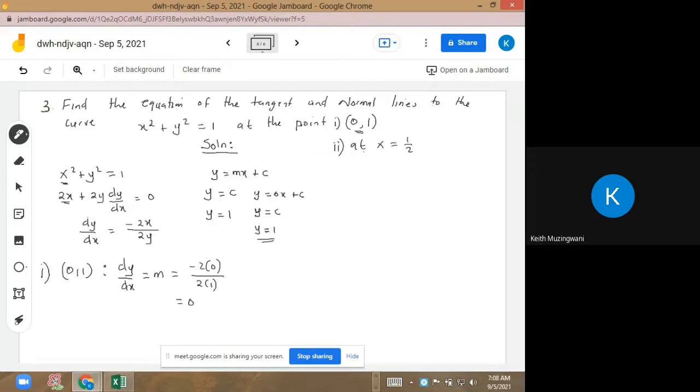So at this very point, for the equation of the normal, remember we said m_t times m_normal is equal to negative 1, but m_t is 0. So m_n is going to be negative 1 over 0, which is undefined. Why? Because a vertical line does not have a gradient.